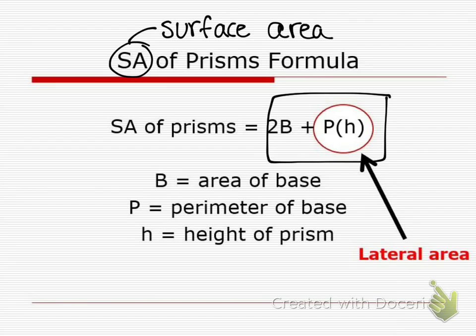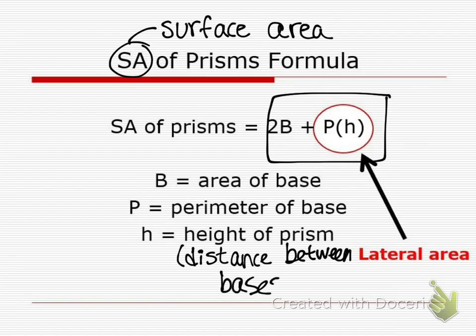That's the height of the prism, which sometimes we also thought about as the distance between bases. And I made a special note of circling capital P times H and saying that is the lateral area, in case that's what we're interested in.